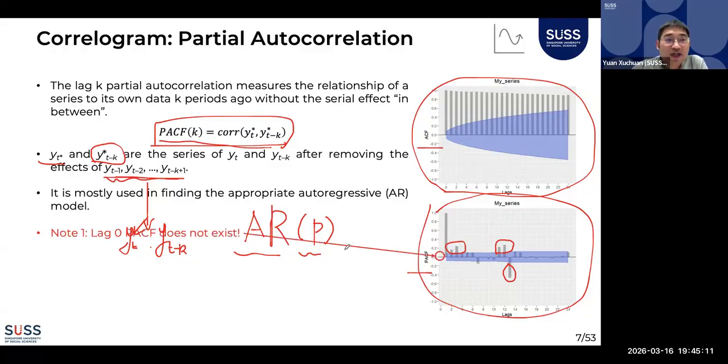For partial autocorrelation, lag zero does not exist because you cannot see the impact of yourself.